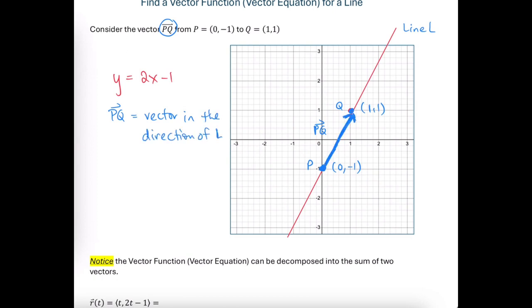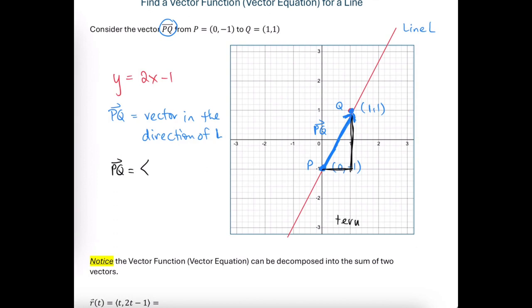Let's make note of a couple of things about our PQ vector. First of all, we can come up with the components of our PQ vector by determining how far we travel in the direction of x and how far we travel in the direction of y in order to get from the initial to the terminal point. And we do this by saying terminal minus initial, right?